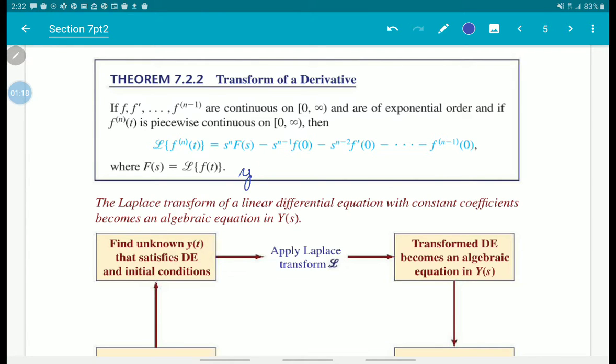So if we want to take the Laplace of y, it's just going to be Y of s. So there's my s there. I'm going to use cursive s's.